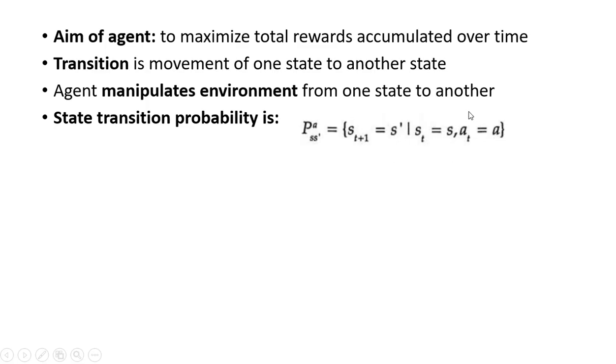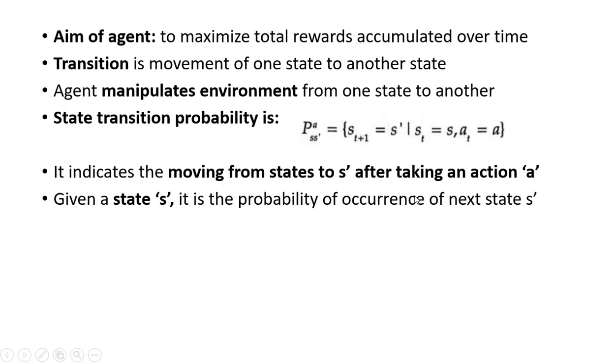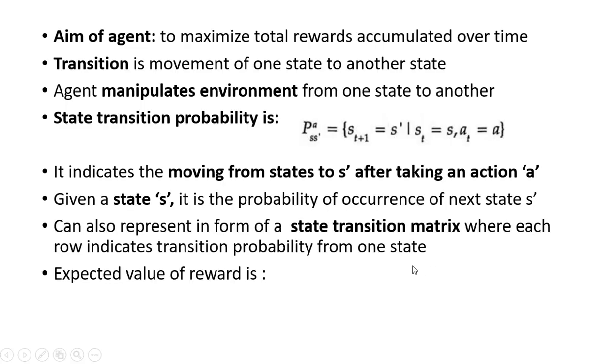The new state depends upon the previous state S and the previous action A. So that's it about MDP. You can also say the expected value of the reward R_(t+1) also depends upon the previous state S and the previous action A.